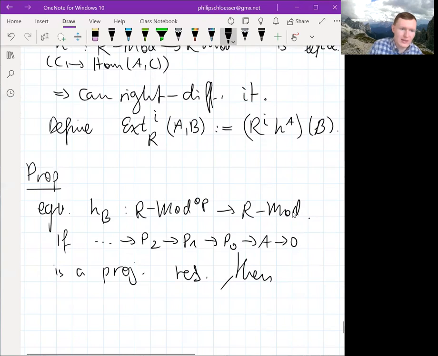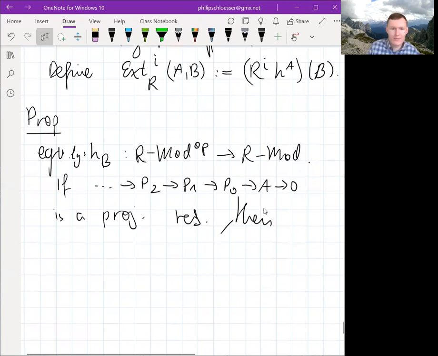equivalently, then when we apply H_B to it, we have to reverse everything.